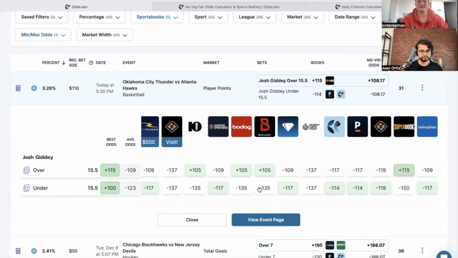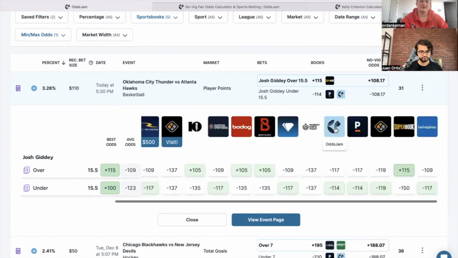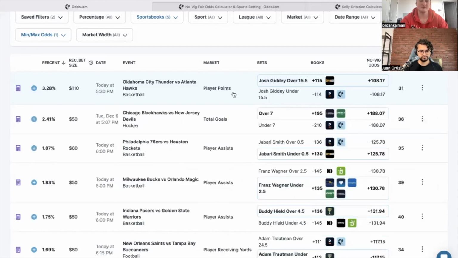Anyone want to comment, correct me if I'm wrong, but that's my thought. Besides that, the only two American sportsbooks offering this play at plus money are SuperBook and DraftKings. DraftKings right now on that play is not bad value, but it's a lot higher than 3.28% if you're taking it at plus 115. So that's how I look at things. That's how I would view a play like that.